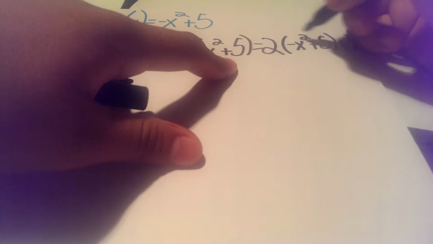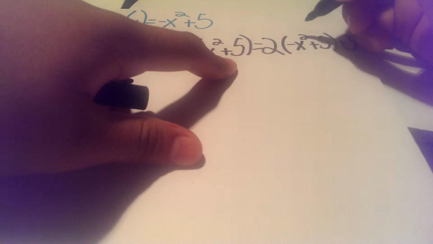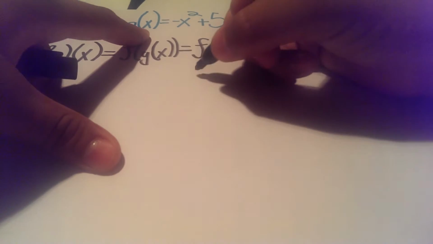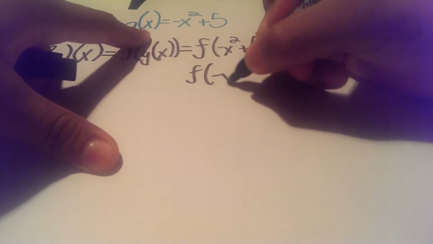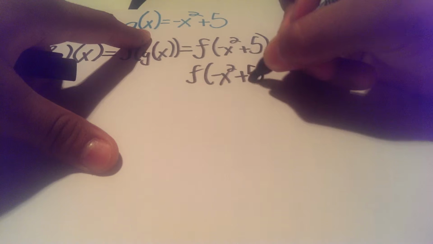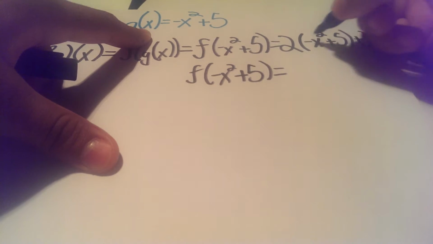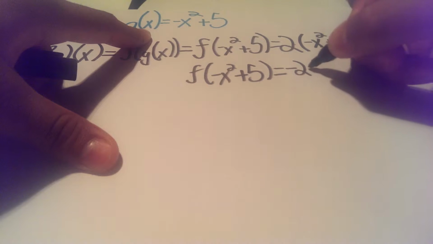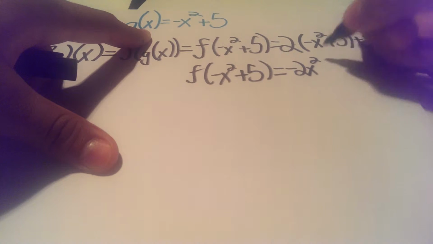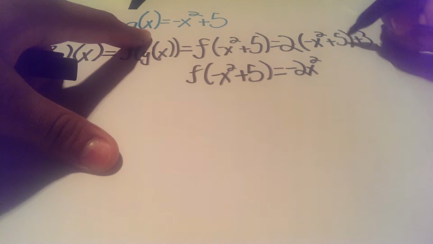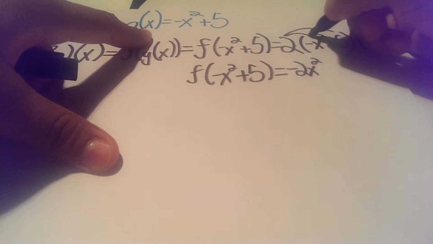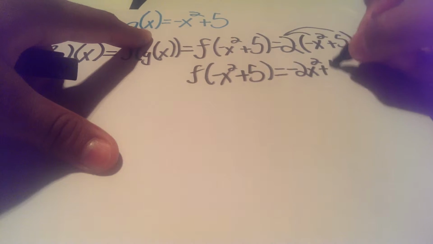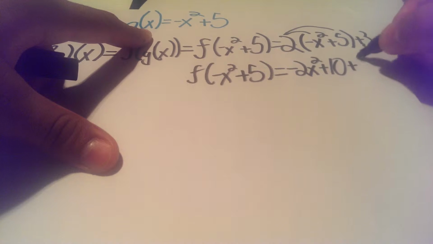Now we distribute the 2 to the equation that's inside of the parentheses. So f of negative x squared plus 5 is equal to 2 times negative x squared, which is negative 2x squared. Distribute the 2 and the 5, which should give us plus 10 plus 3.